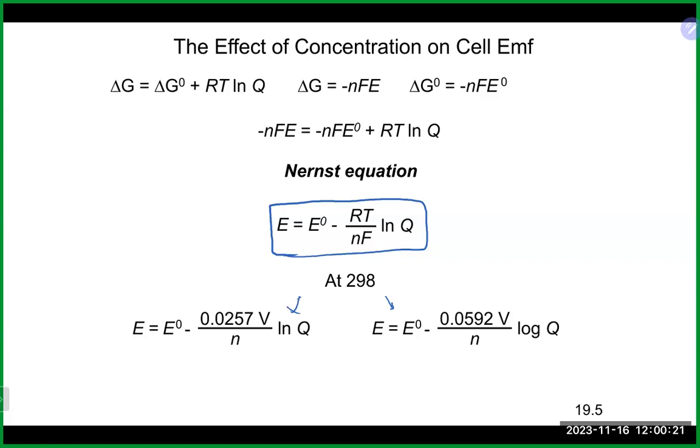We have two E's, kind of like when we had this equation of delta G in that chapter. One of them is sort of under non-standard conditions, and the other one is under standard conditions. So this E here, you could think of as non-standard conditions. So what does that mean? It means kind of the same thing we talked about up here.